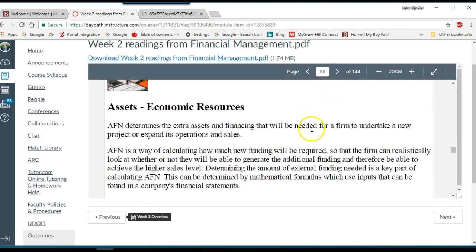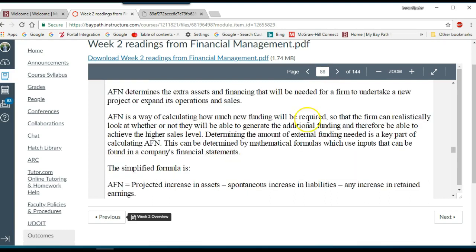Back in your text, page 88, I believe, that's what that says. AFN determines the extra assets and financings that will be needed for a firm to undertake a new project. This is going to help you a lot in your projecting how much funding is needed. Additional funding needed.